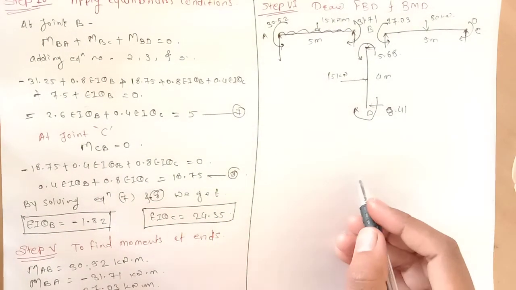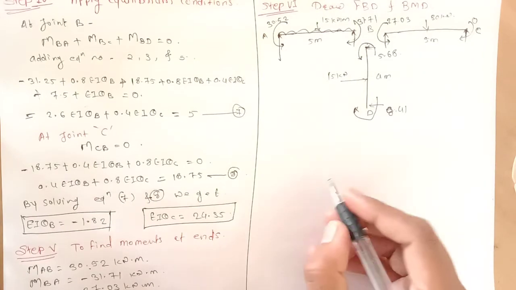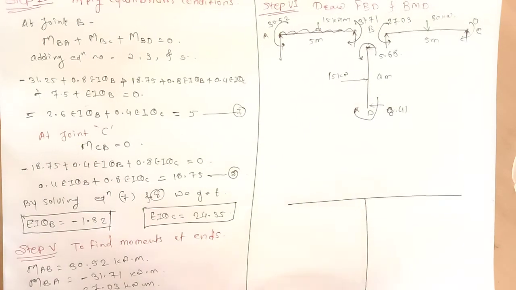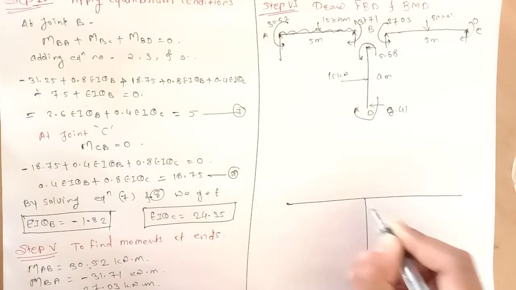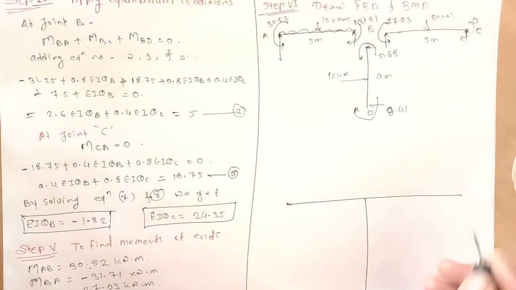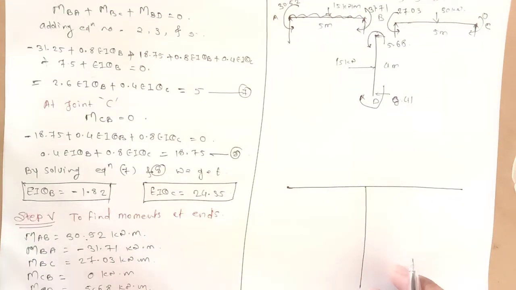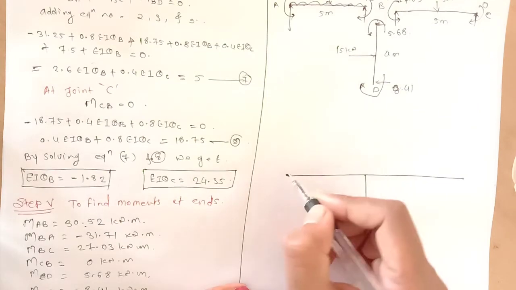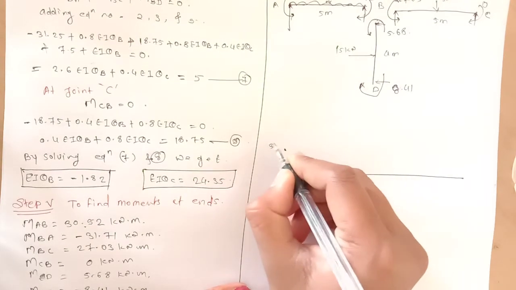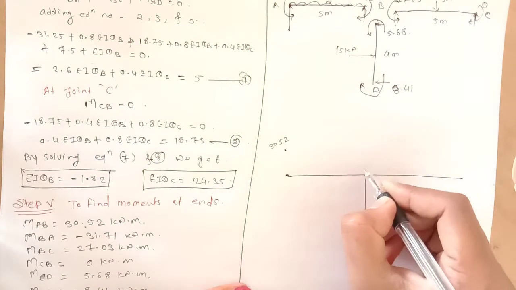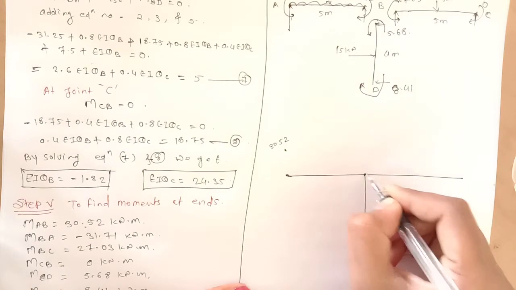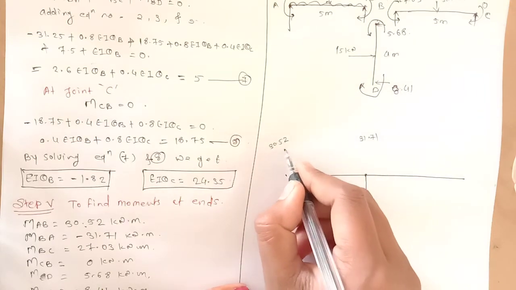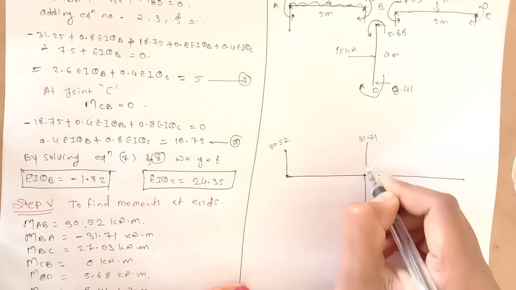Then from this free body diagram, draw the bending moment diagram. So here, first take the end moment points. First the end moment at member AB is 30.52. Then BA is equal to 31.71. So the diagram is like that.